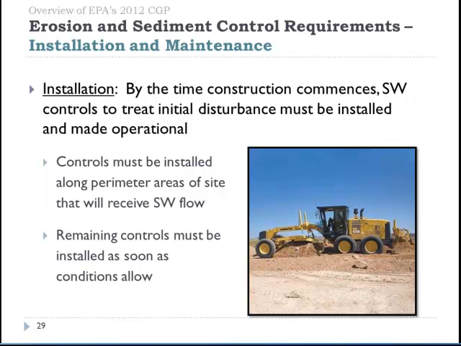You're required to install stormwater controls along all perimeter areas of the site that will receive stormwater from your disturbances. And these are typically going to be your silt fences. And then as construction progresses in each phase, you'll need to install your remaining stormwater controls to treat the disturbances that occur.